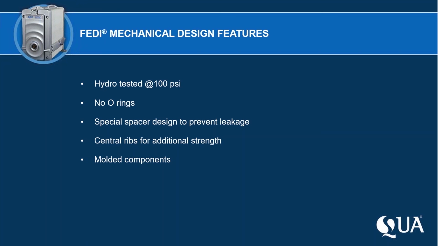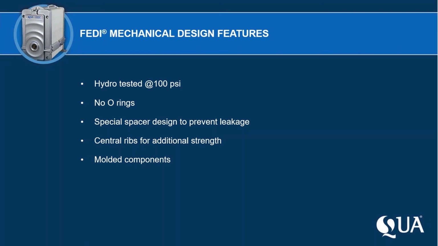Some of the existing or legacy EDI out there, a lot of the problems in the past were that you'd get water hammer or overpressure, and you'd damage the EDI spacers. And you wouldn't just damage the EDI spacers, you'd move the resin around, which is something you don't want to do.